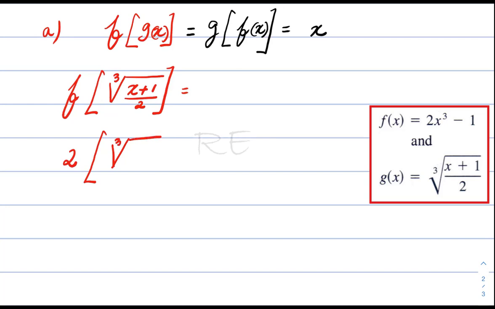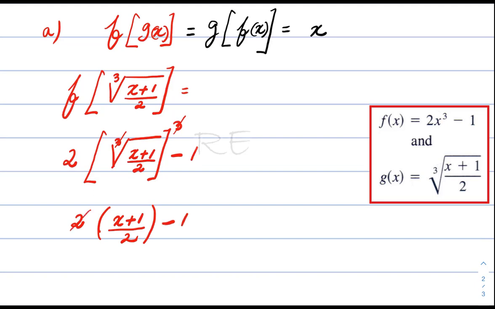So it's going to be equal to 2 times cube root of x plus 1 over 2, cubed, minus 1. Now, the cube will be just the radicand, so it's going to be 2 times x plus 1 over 2 minus 1. The 2s cancel, so it's x plus 1 minus 1, which is equal to x.